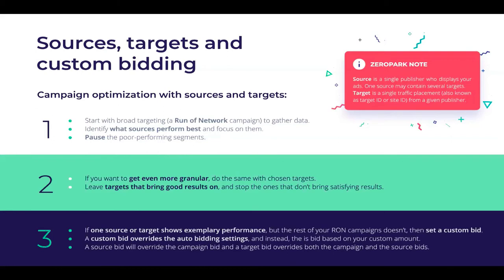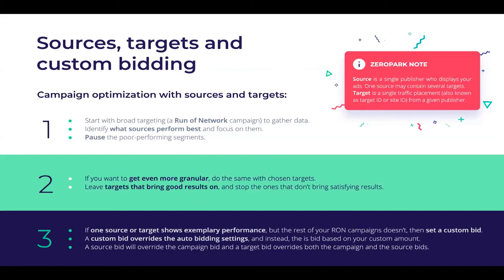And just on a side note with all of this, when we're looking at sources and targets, it's really important to keep an eye on both of those, but to be able to identify the difference between them. When I speak with a lot of new advertisers as well as experienced advertisers, a common error that people have is that misunderstanding of what a source is and what a target is.